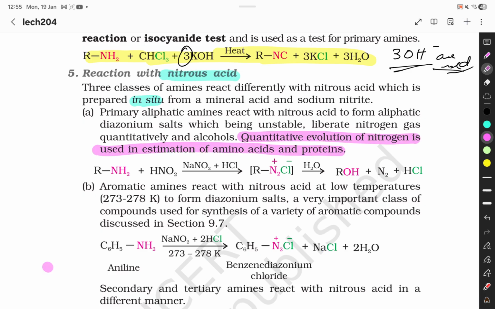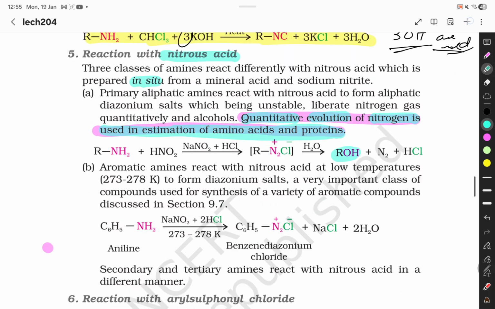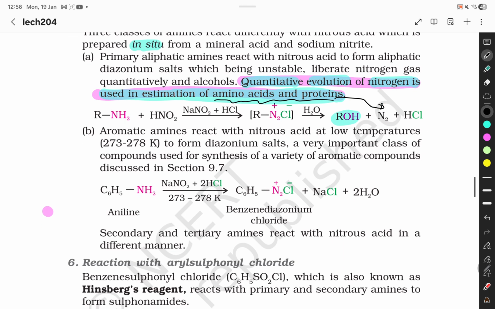The reaction may be common sense, diazonium salt and then formation of ROH, but quantitative evolution of nitrogen is used in estimation of amino acids and proteins. Again, let me repeat: quantitative evolution of nitrogen is used in estimation of amino acids and proteins. It can be asked as an assertion.